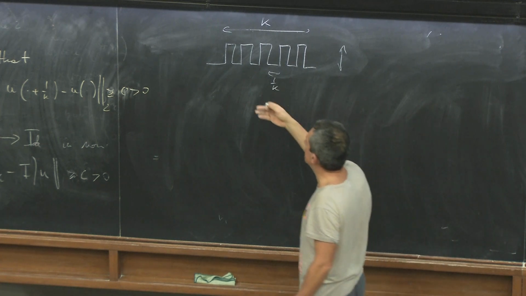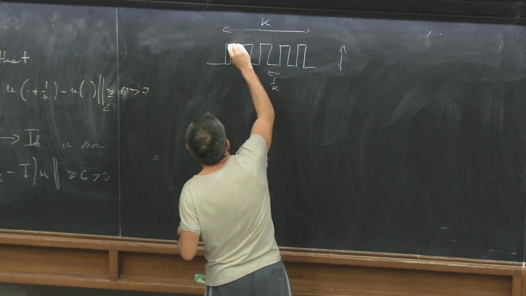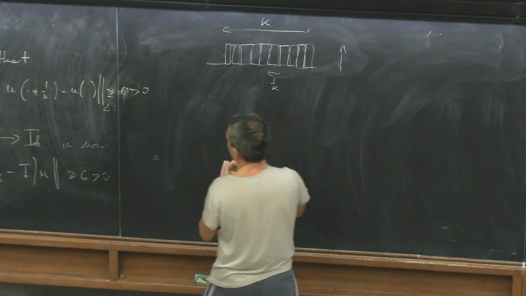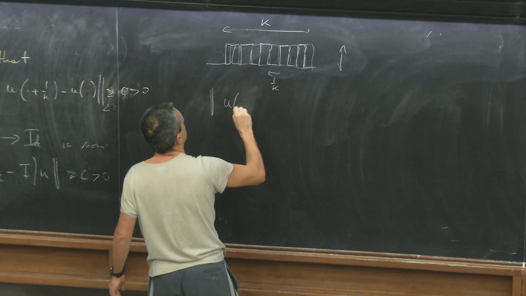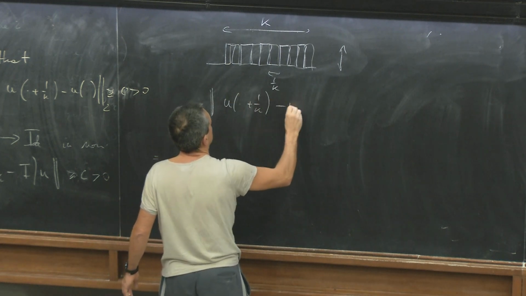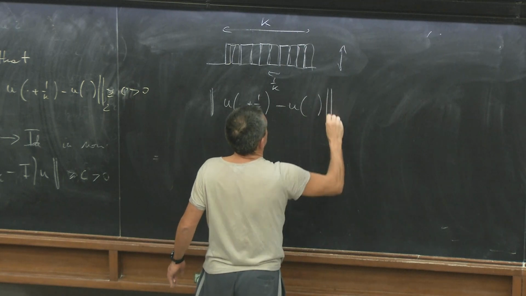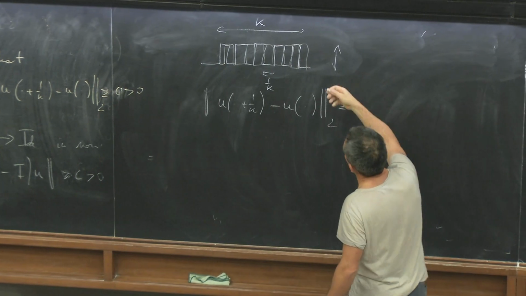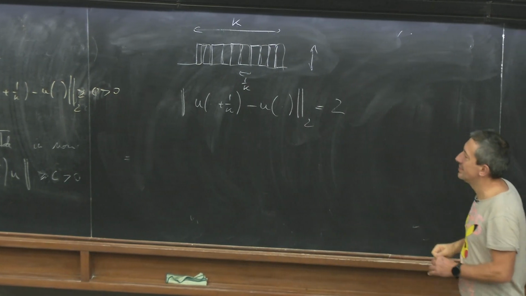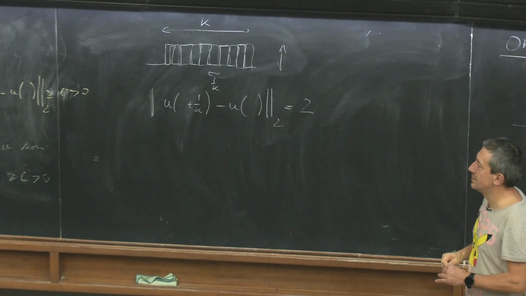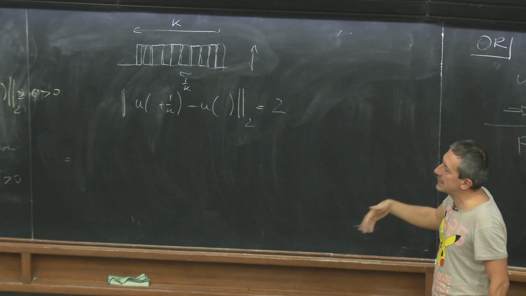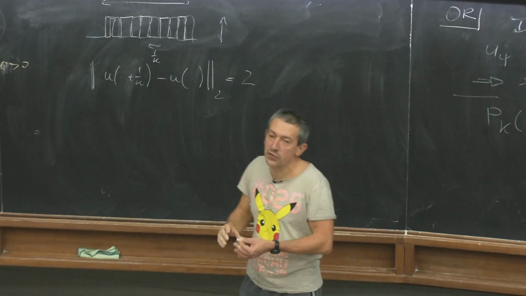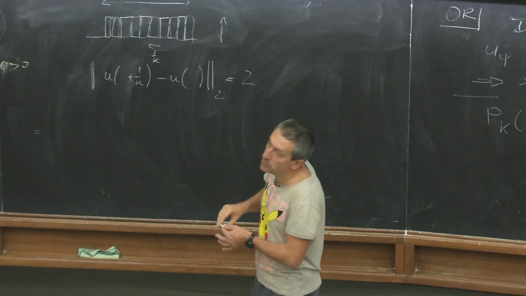So the translation is clearly... the difference in norm is equal to 1, so it's 2. So for any k, there exists a u such that the difference is large. So it cannot converge uniformly, but it converges just pointwise.